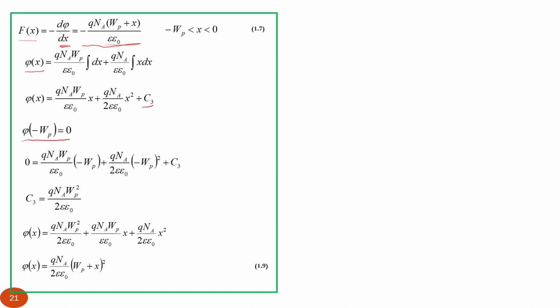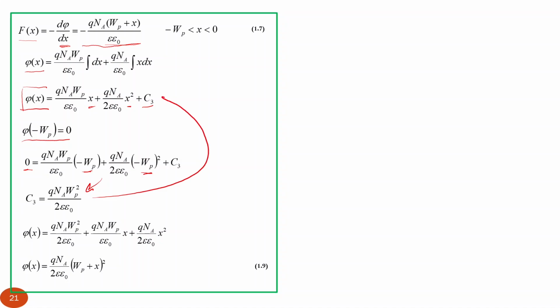Considering that it's equal to 0, we substitute minus WP instead of x, and we can extract from this equation the value for our constant. Once we know this value, we can substitute it in the first equation, which gives us the electrostatic potential as a function of position x.